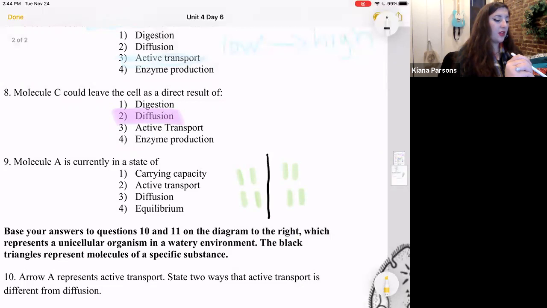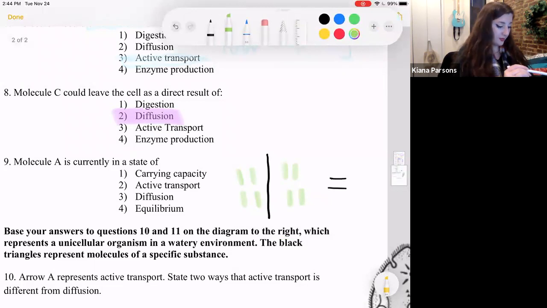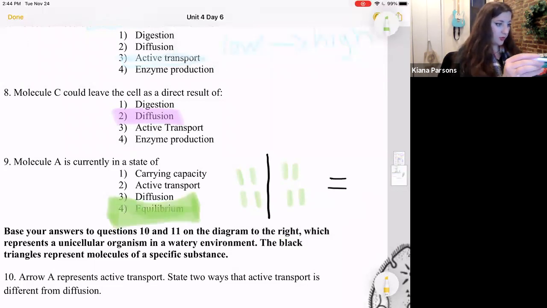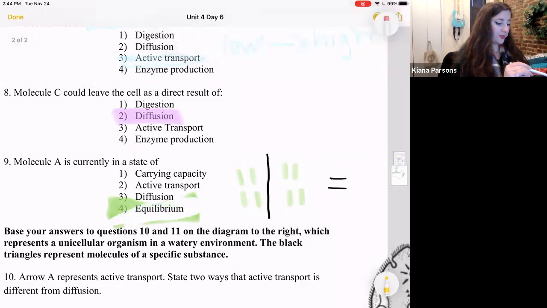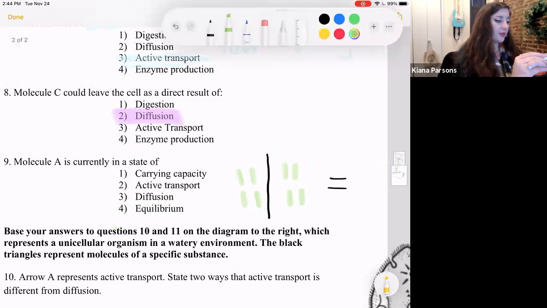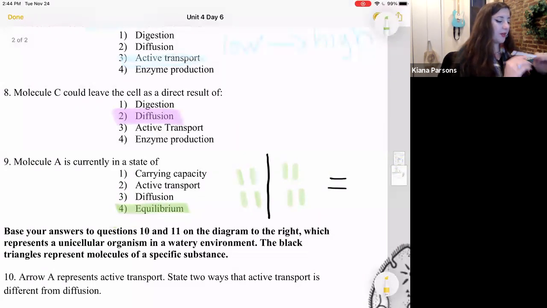It's equal on both sides, fair and balanced. But it is in a state of equilibrium. All right.